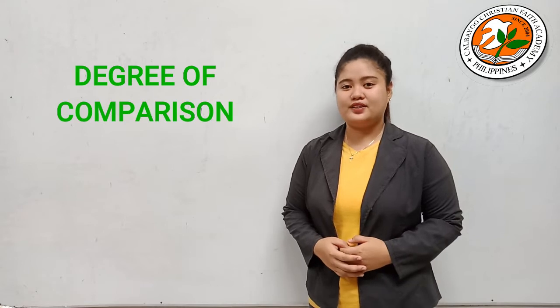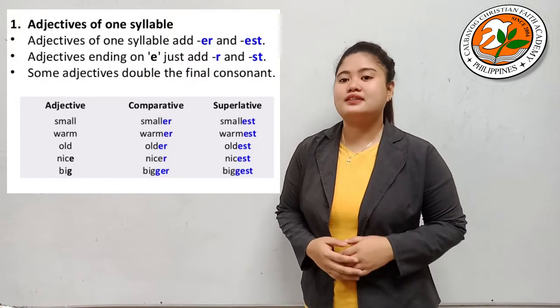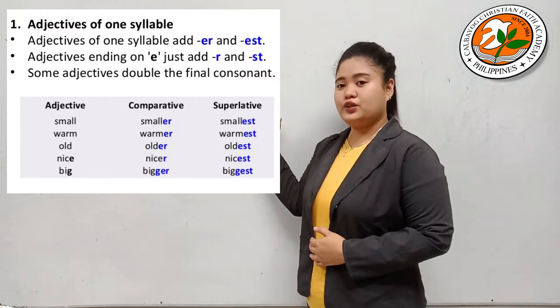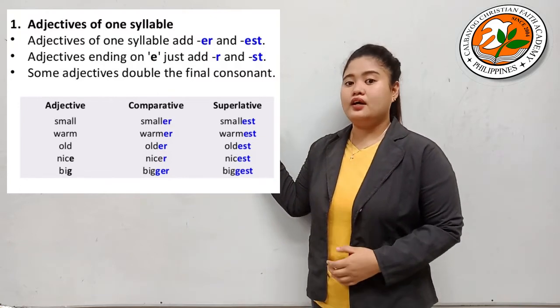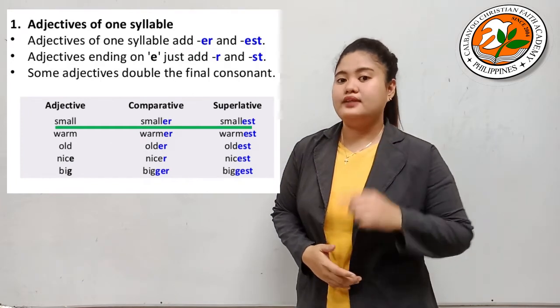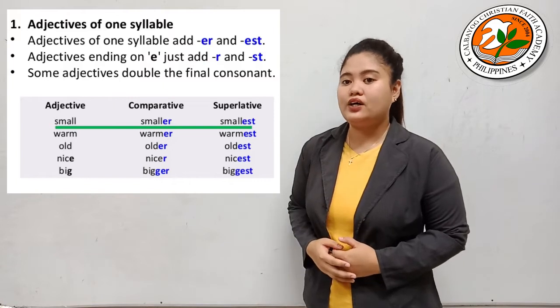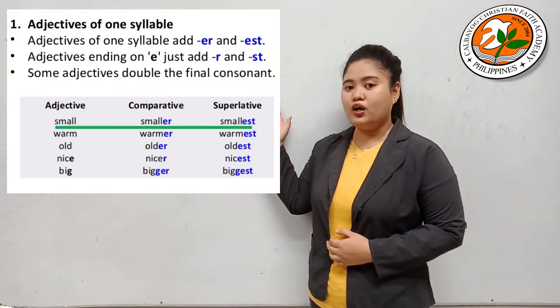Now let's discuss the degrees of comparison. First, the adjectives of one syllable. As you can see in this chart, the word small has one syllable. In the comparative degree, we add ER to make it smaller.